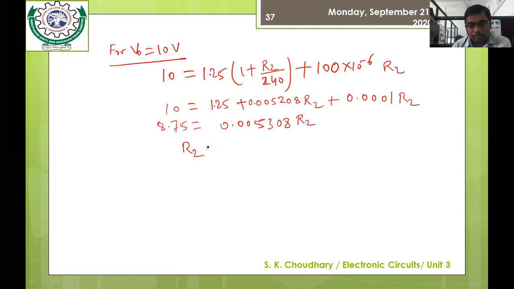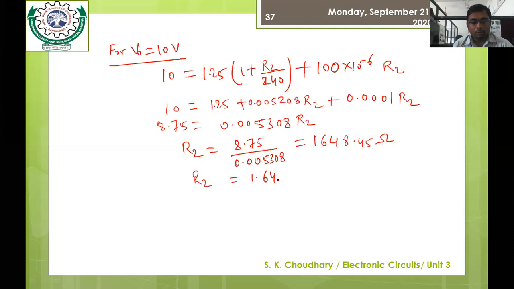So from this point you have to calculate R2, that is 8.75 divided by 0.005308, and it would become, can anyone tell me what value is coming for R2? 1648.45 ohm.